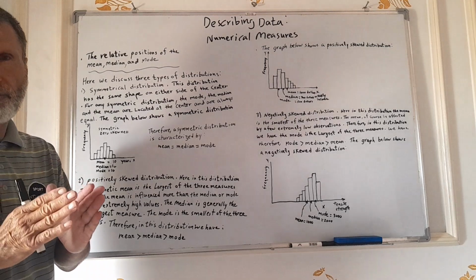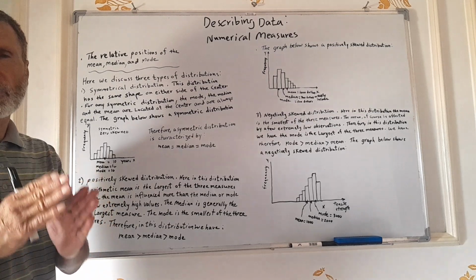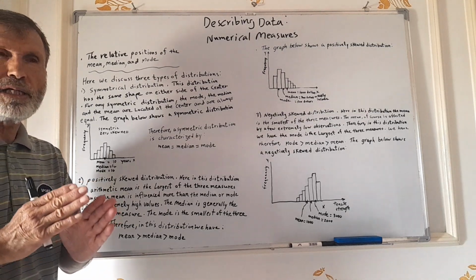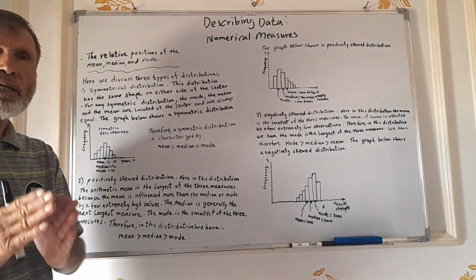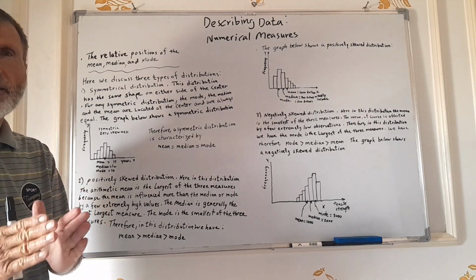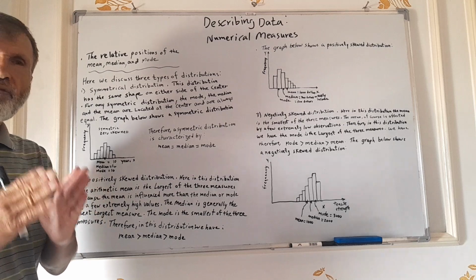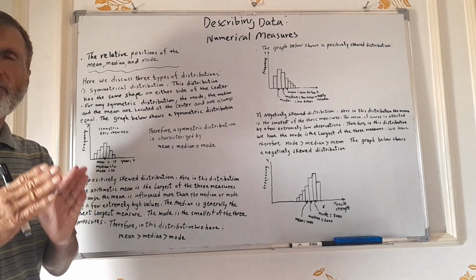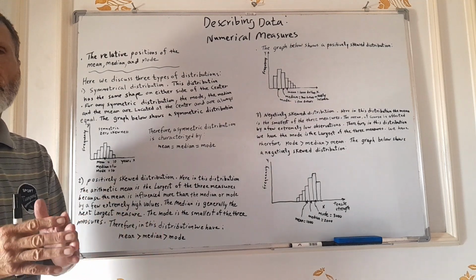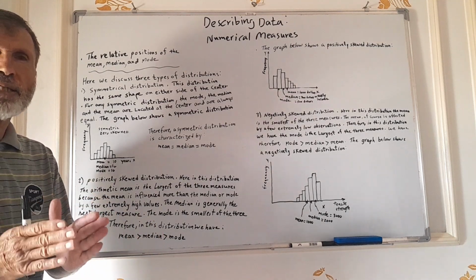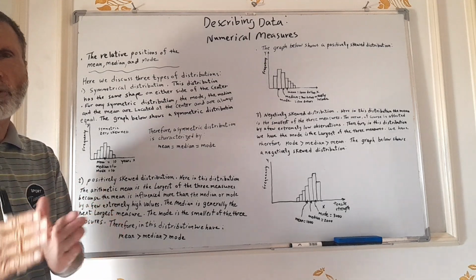When you have a non-symmetrical, positively skewed distribution, we will say that the median or the mode are better representatives of the data than the mean, because the mean in that case is influenced by a few extremely high values, more than the median and the mode. Therefore, we cannot take the mean as a good representative of the data. In this case, we have to take the median or the mode.